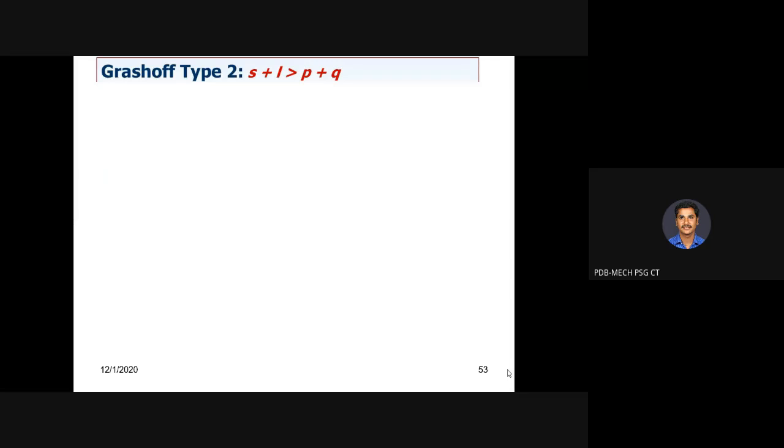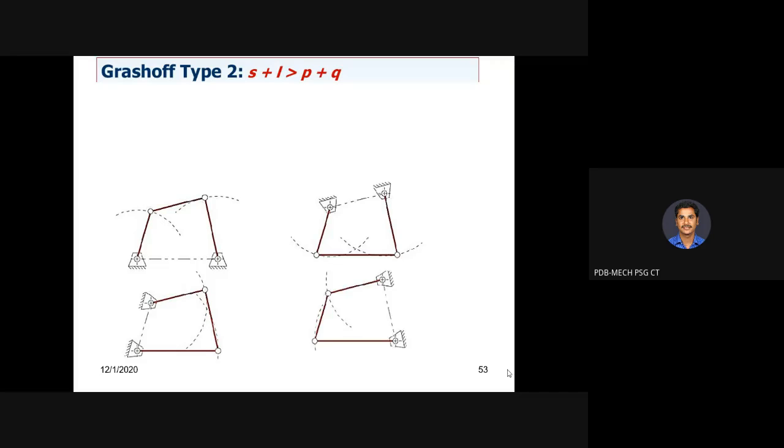And if it is Grashof type 2, that is, the inequality condition is not satisfied or it is being violated, that is S plus L is greater than P plus Q, then in the 4 bar mechanism, whichever link you fix, you will be getting only rocker mechanism.